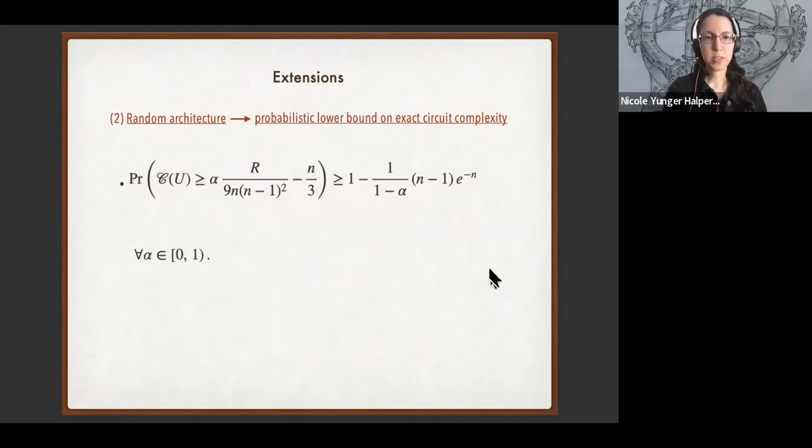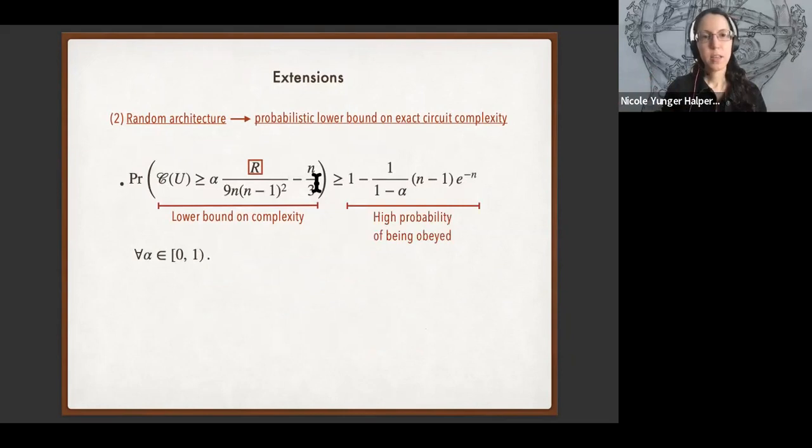If they do, then the unitary complexity obeys a linear lower bound. Here's how the lower bound looks. So this is the probability that the complexity of the unitary that we implement obeys the lower bound. And this lower bound, importantly, as before, depends linearly on R, the total number of gates, which is a proxy for the time. And so what is the probability that the complexity obeys this linear lower bound? It's at least 1 minus some small correction. This is actually a family of bounds because it's parameterized with this parameter alpha.